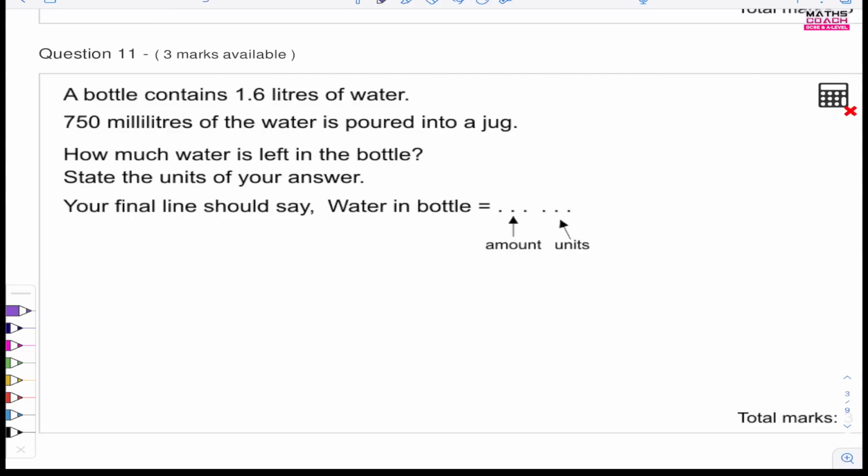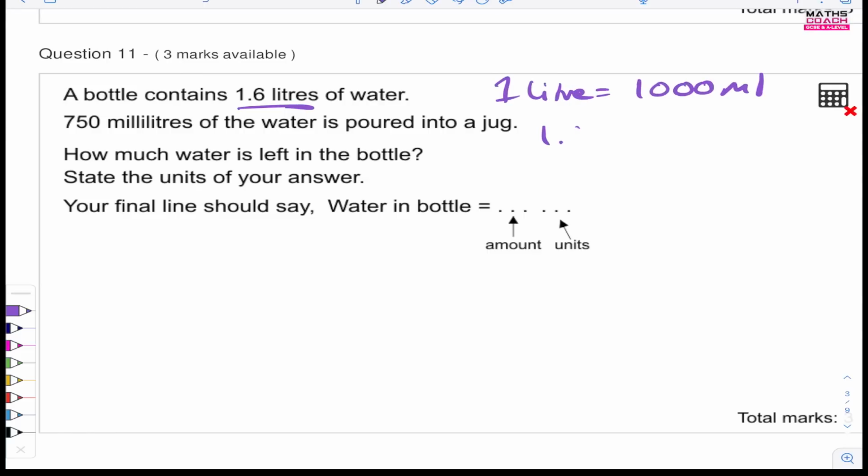Question 11. A bottle contains 1.6 liters of water. 750 milliliters of the water is poured into a jug. How much water is left in the bottle? State the units of your answer. All right. So in 1.6 liters, what is the amount in milliliters? We know that in 1 liter, you have 1,000 milliliters.